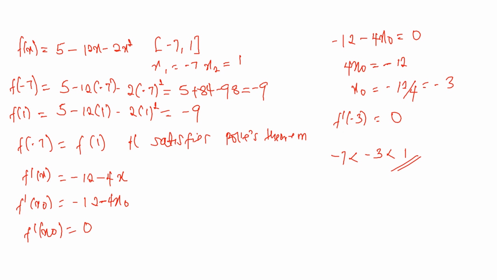Let's take another example. If you have a curve also, f of x is equal to x cubed minus x with the interval of -1 to 1. So you find your x1 is equal to -1 and x2 is equal to 1.